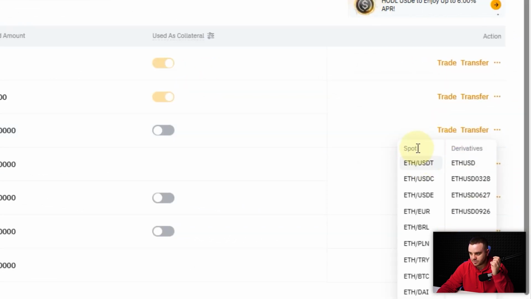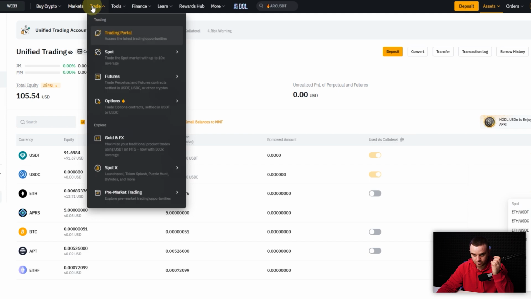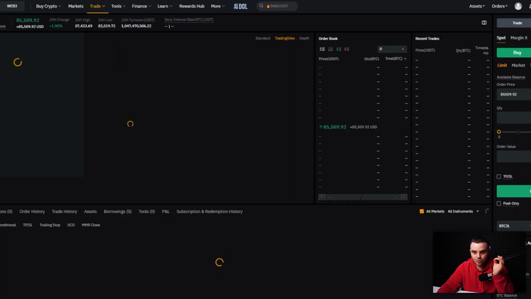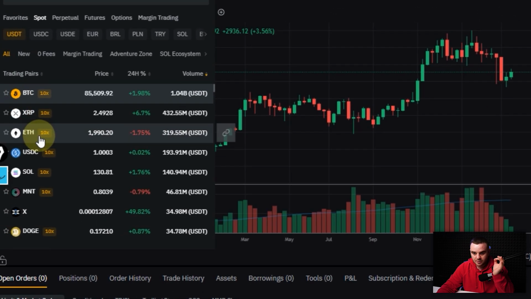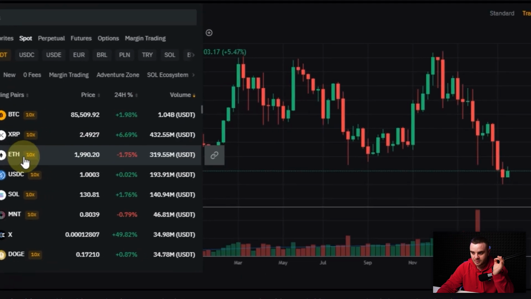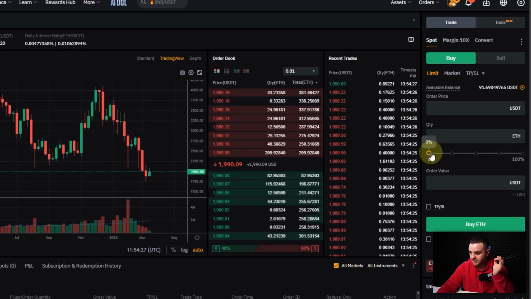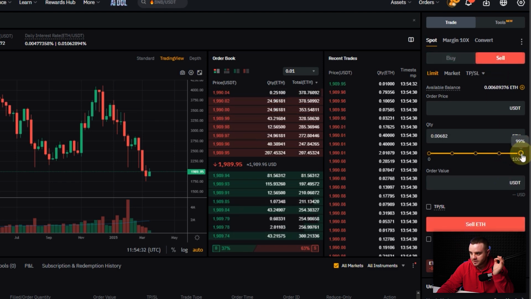You can do this one spot, or you go trade here, press spot. Again, choose other coin, because if you decide to sell, for example, BTC, you can here sell Ethereum, and again, 100%, and press sell.